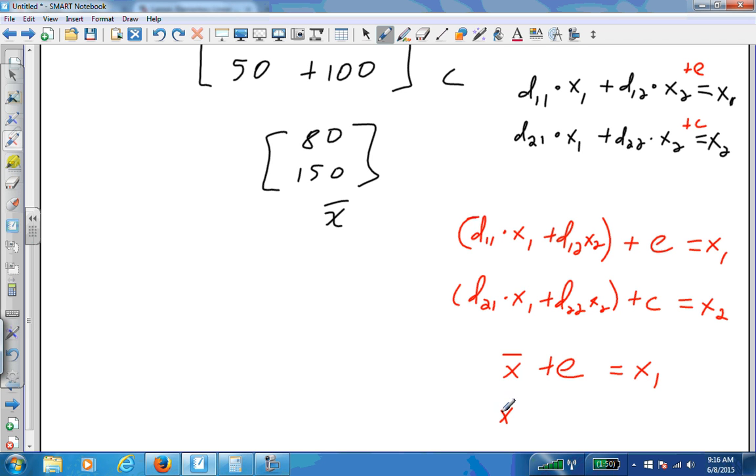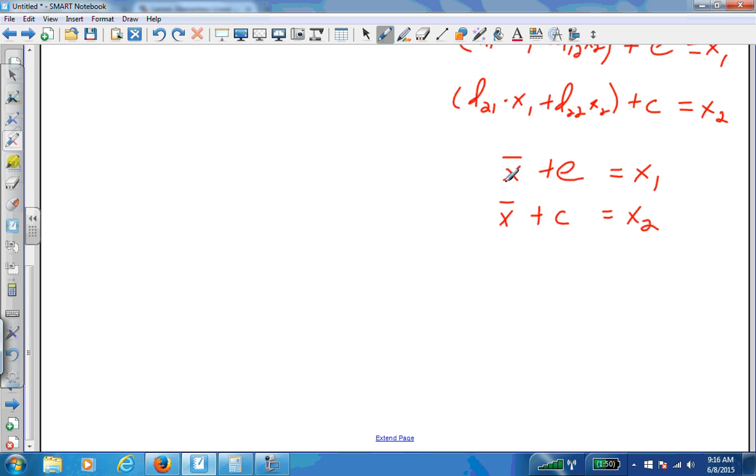We do the same thing for coal, multiply the amount of coal, the requirements for electricity and coal to make coal, plus how much coal the outside world needs, and that tells us how much total coal is needed. So this is from taking your initial amount times your demand matrix.